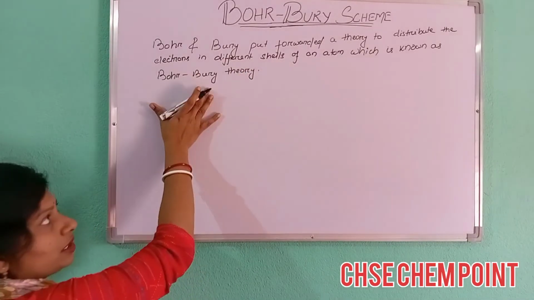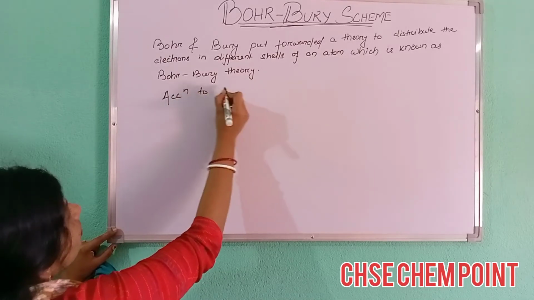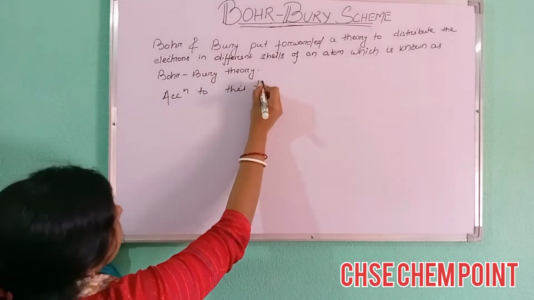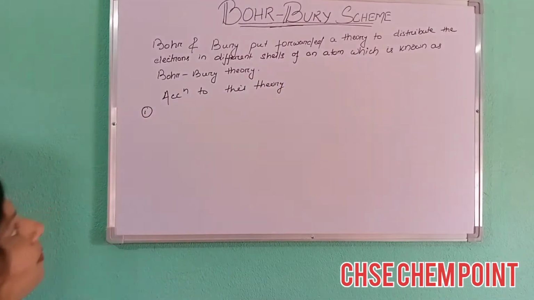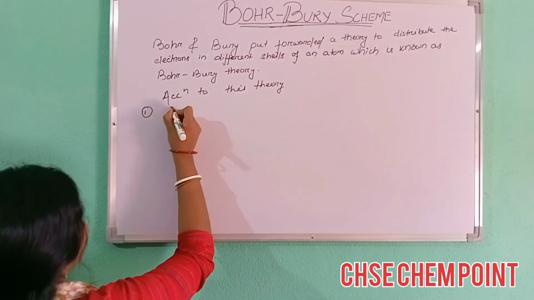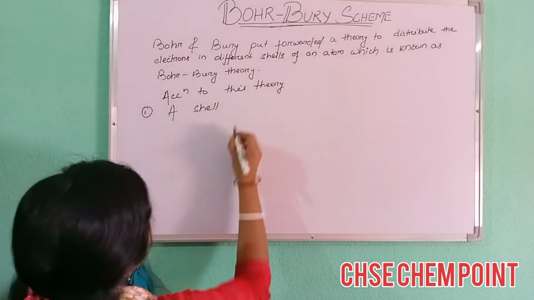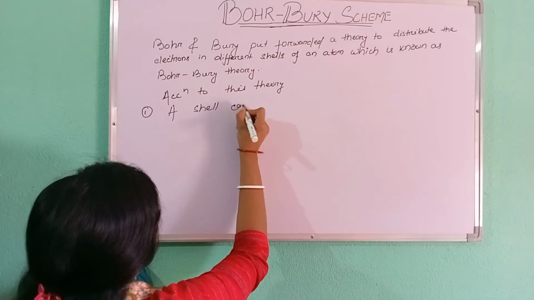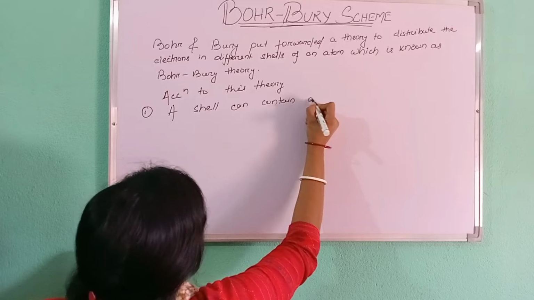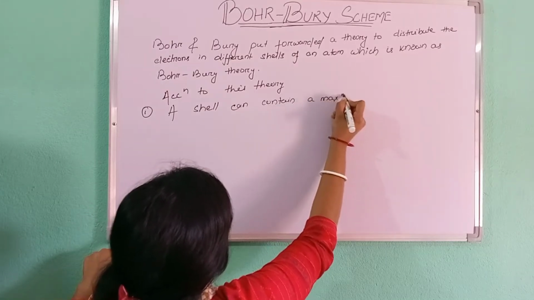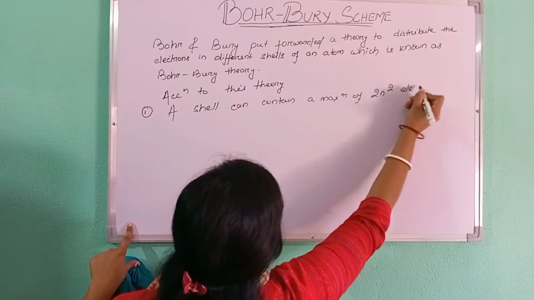Now according to this theory, rule number 1: each cell can contain a maximum of 2n square electrons.